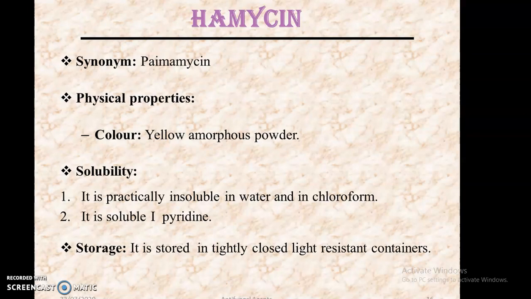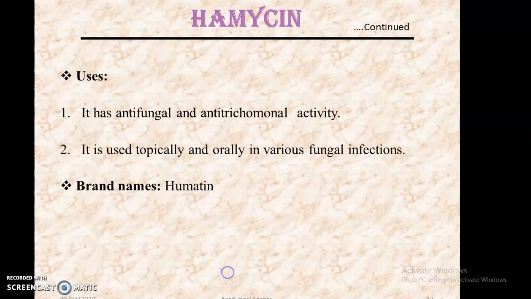Next example is Hamycin. It is a yellow amorphous powder which is practically insoluble in water and in chloroform. It is soluble in pyridine. Storage condition for Hamycin is that it is stored in tightly closed, light resistant containers.